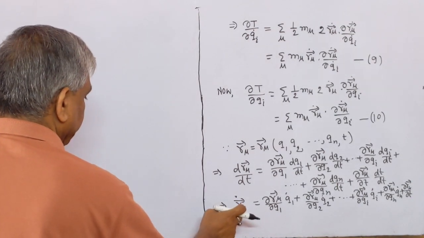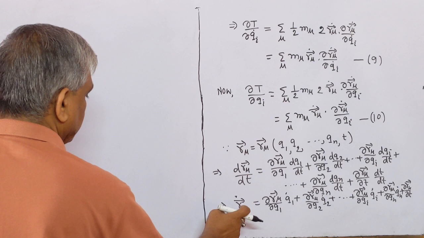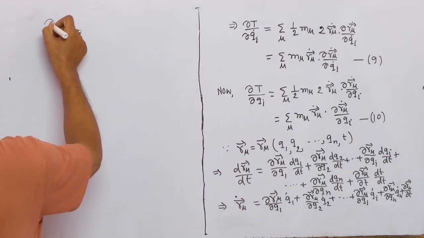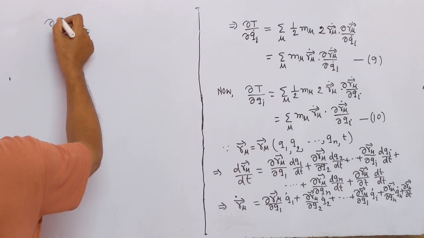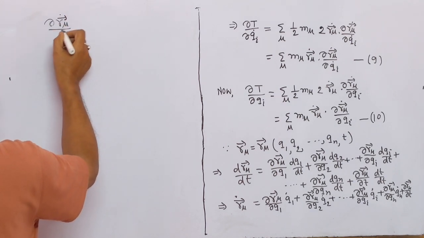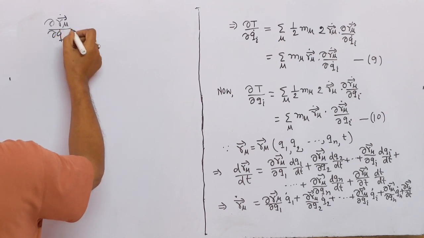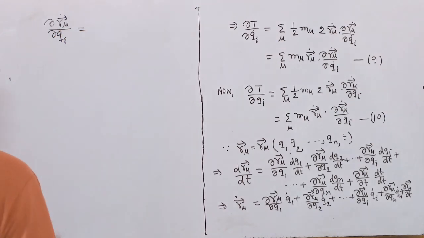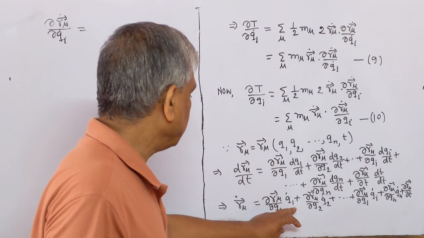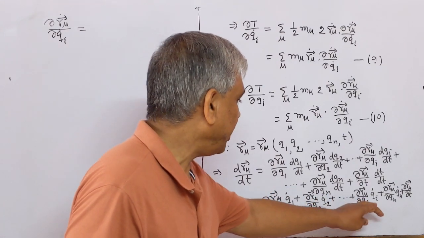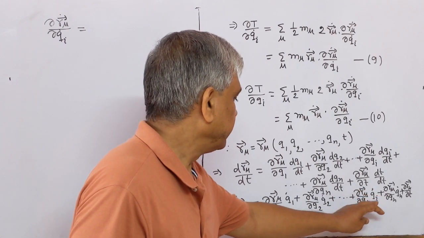Taking partial derivative with respect to q_i dot, partial derivative of r_mu dot with respect to q_i dot. Here we have q1 dot, here q2 dot, here q_i dot.